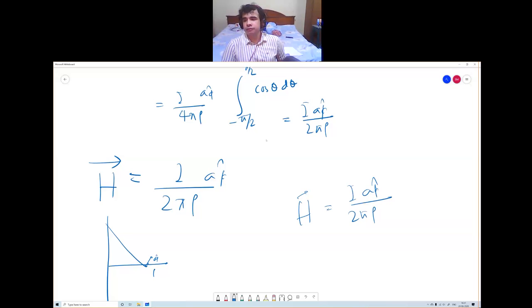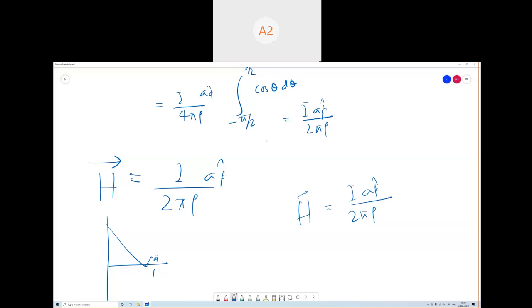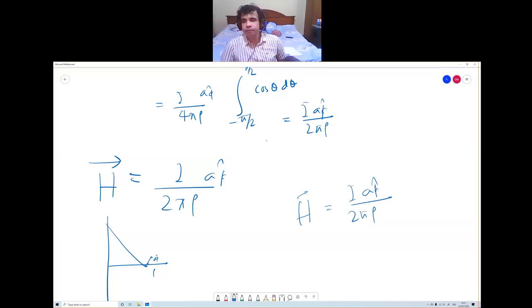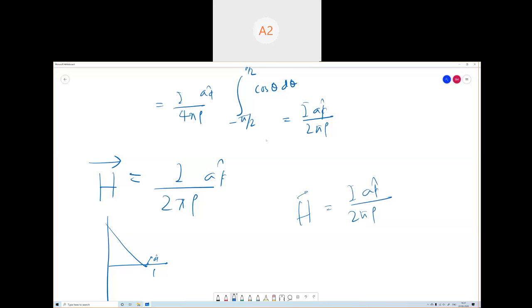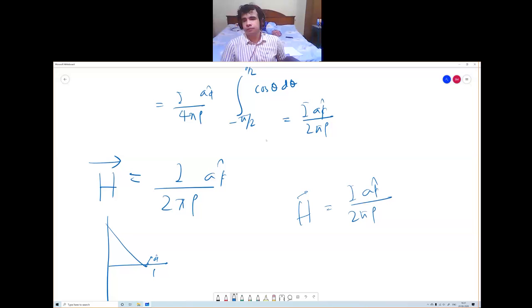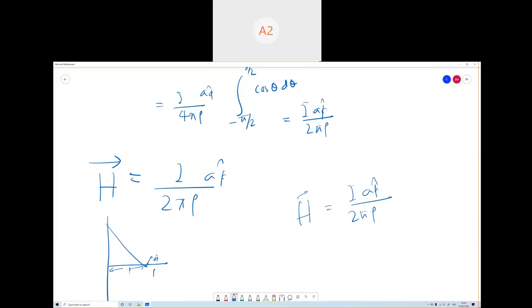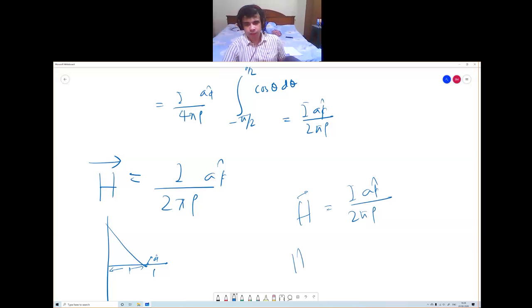No unit. What is the unit of rho? Rho is this distance, so the unit is meters. So H will be amperes per meter.